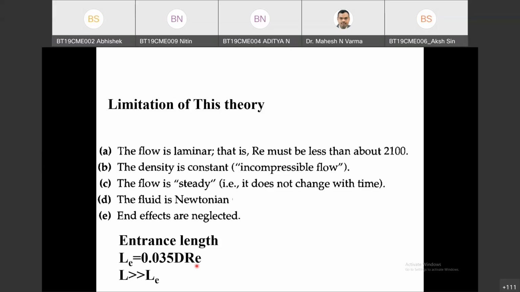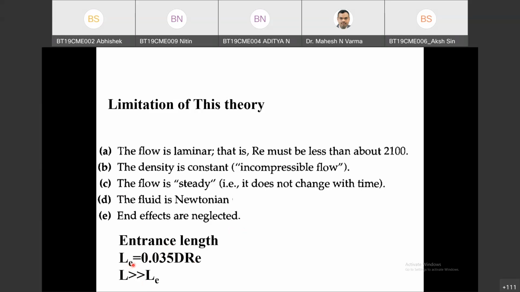End effects are neglected. At the start of the pipe there will be some disturbances, and at the end of the pipe also there will be some disturbances. The length till which there will be disturbances is called the entrance length.